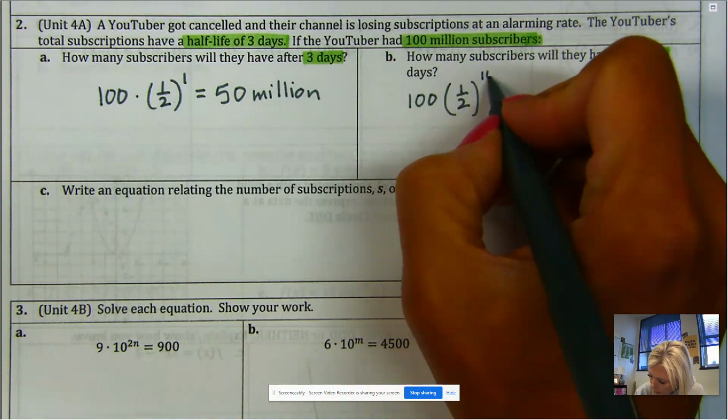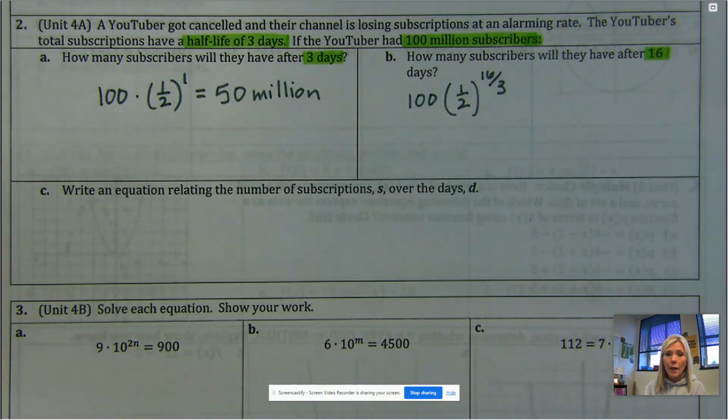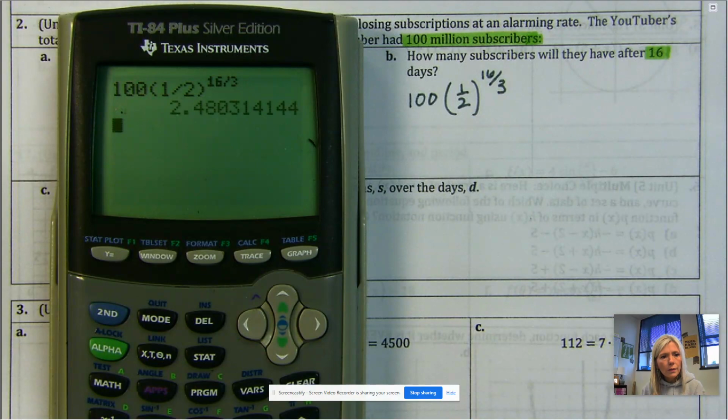But I'm just going to write it as 16 divided by 3 because that is the length of a half-life. And so 100 times 1/2 to the 16 thirds, 2.48.